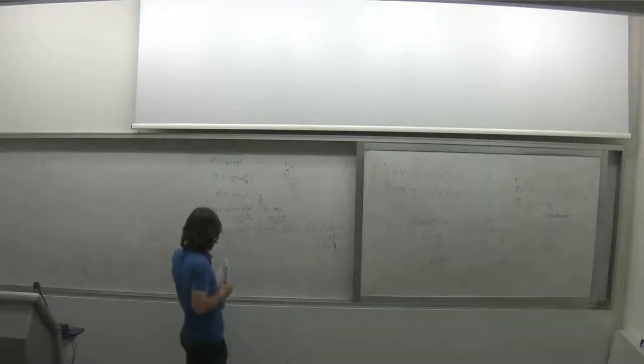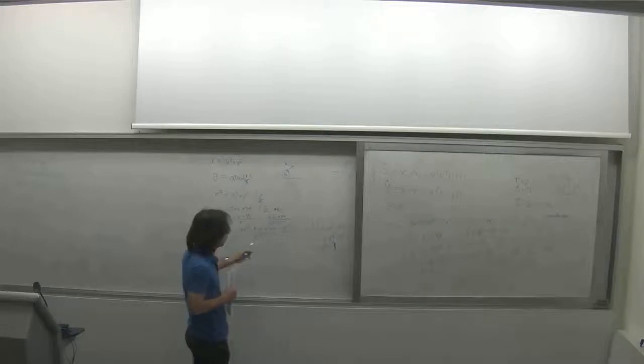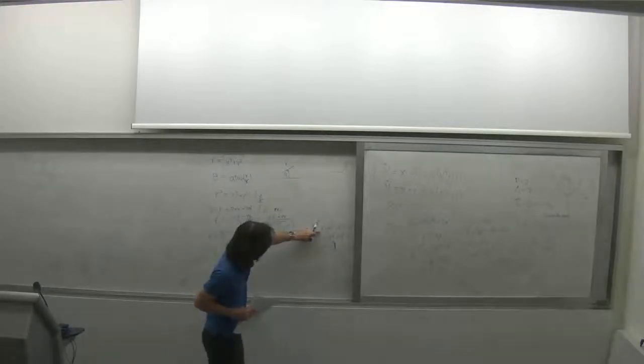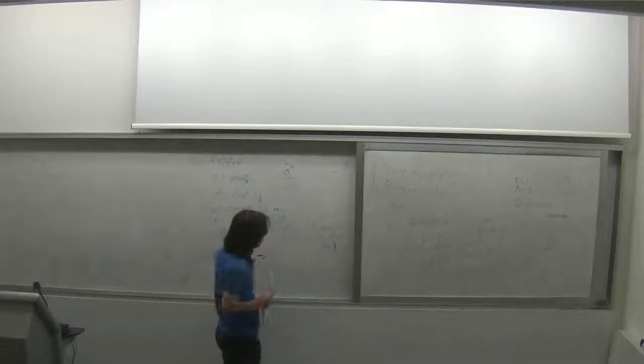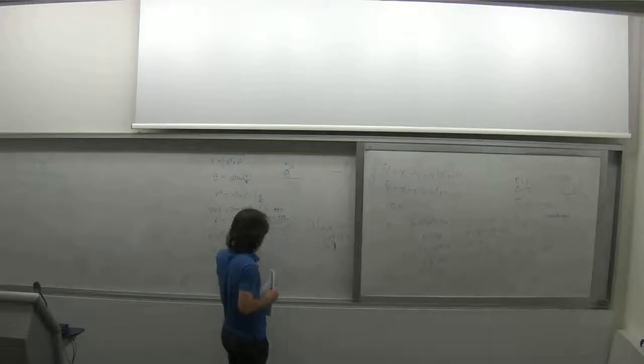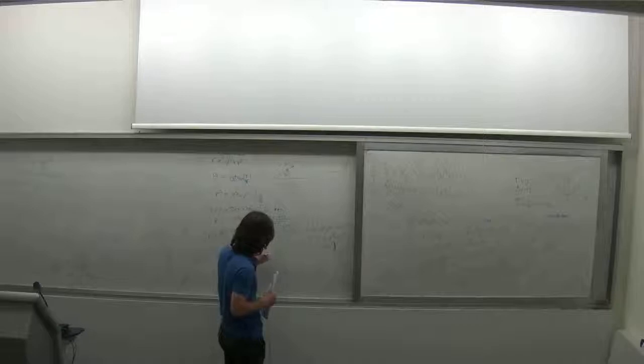I have here 1 over r times x squared plus y squared minus r squared times x squared plus y squared.